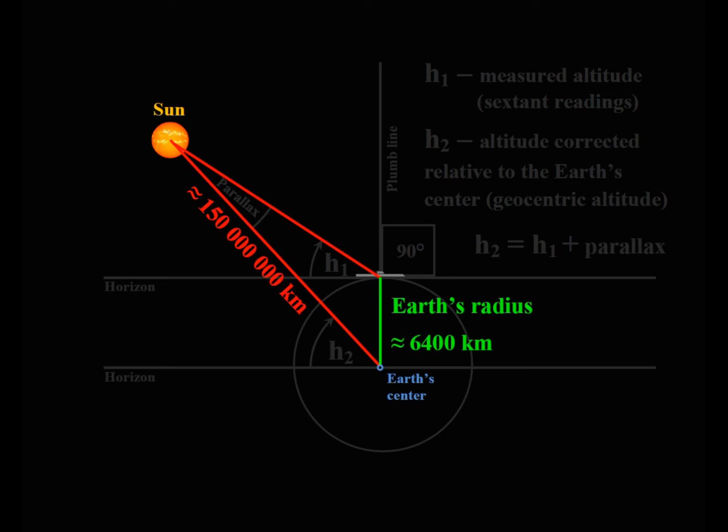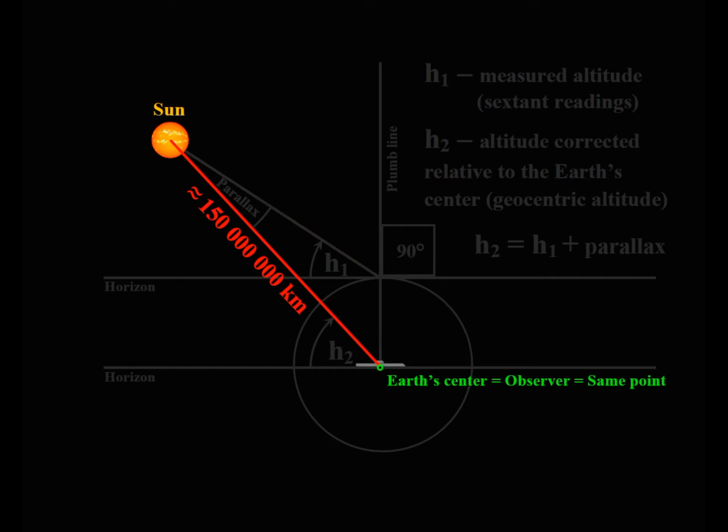If you draw this triangle in accordance with the scale, then it will look like a straight line that connects the Sun and the Earth. The Earth itself, the center of the Earth, and an observer on the surface of the Earth will represent the same point.